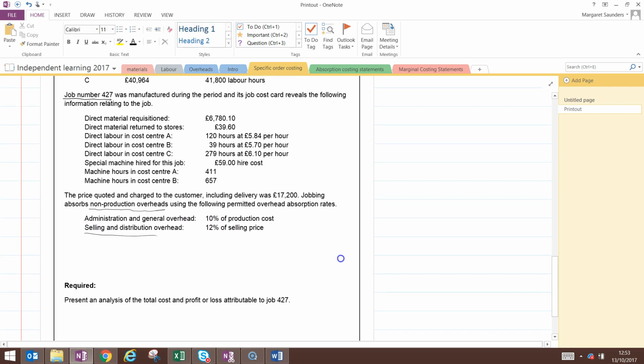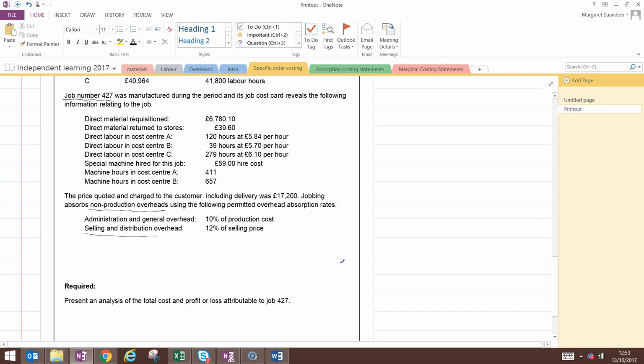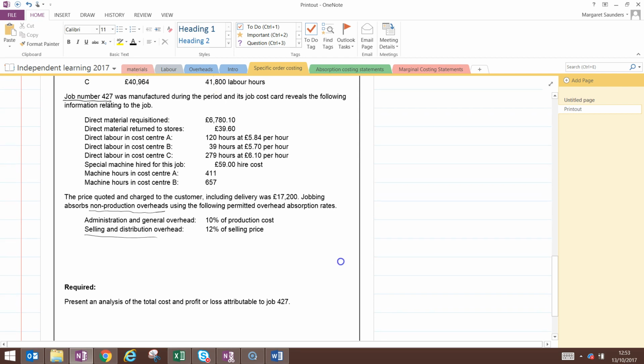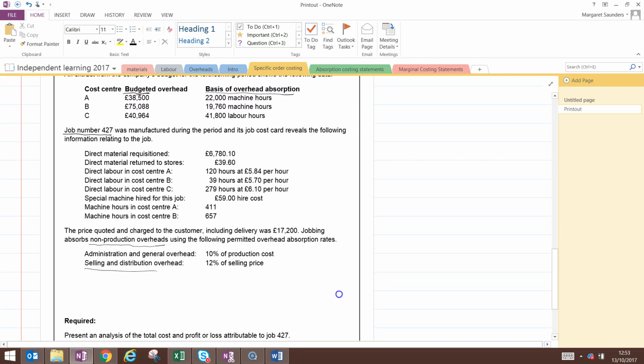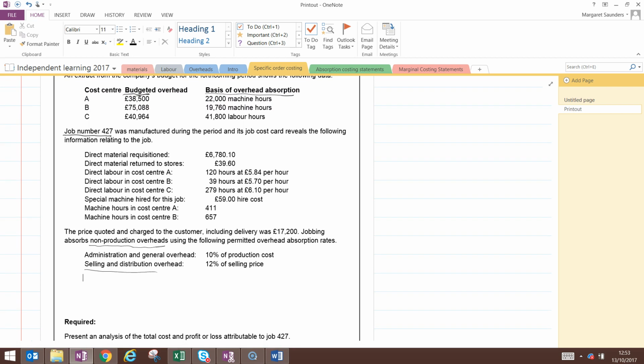And we're required to present an analysis of the total cost and profit or loss attributable to job 427. So basically we want to work out the job cost for 427, show the profit and show the selling price.